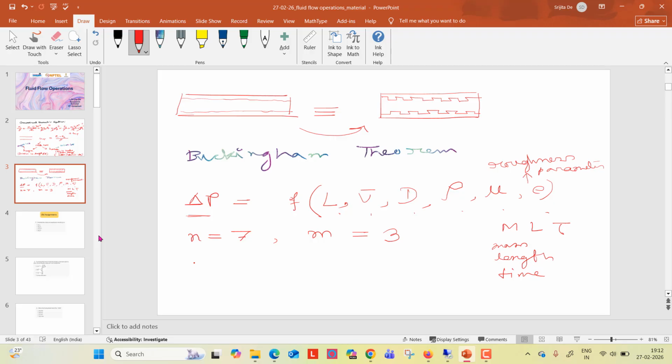So now N minus M equals the number of dimensionless groups. Here it will be 7 minus 3 equals 4. So we will have 4 dimensionless groups which will be relevant to our system, right?